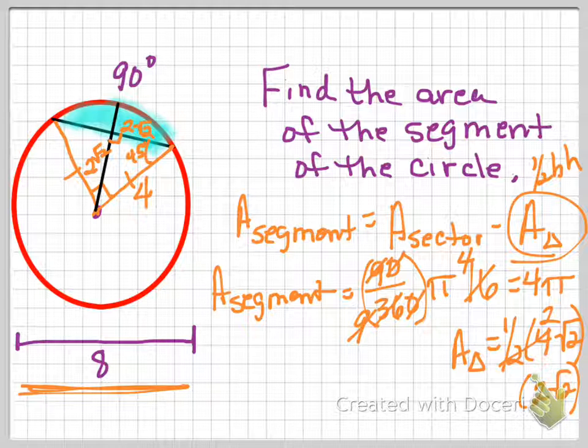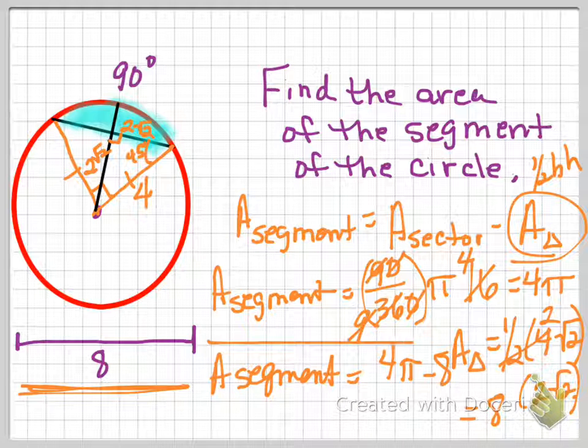So I've got 2 square root of 2 times 2 square root of 2. 2 times 2 is 4. Square root of 2 times square root of 2 is 2. 4 times 2 is 8. So the area of my triangle equals 8. So the area of my segment equals 4 pi minus 8. 4 pi minus 8. All right.